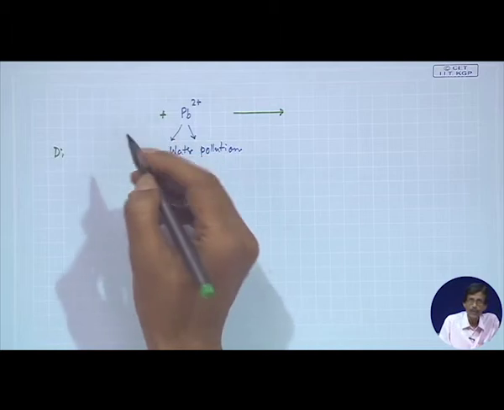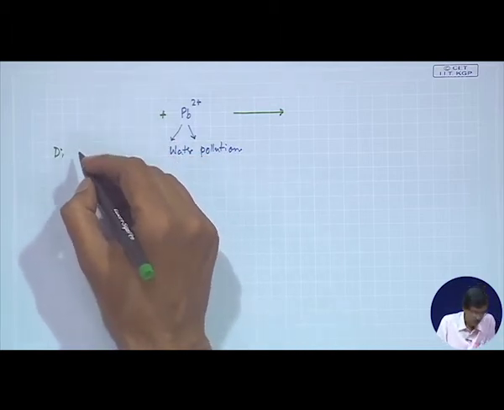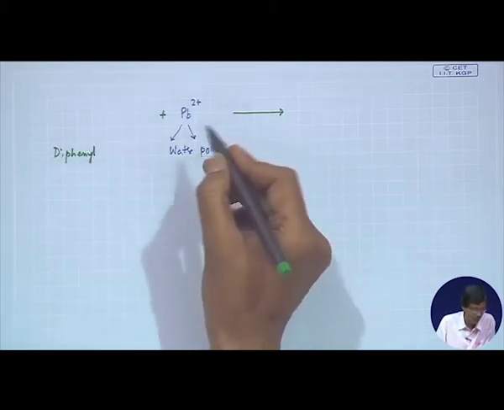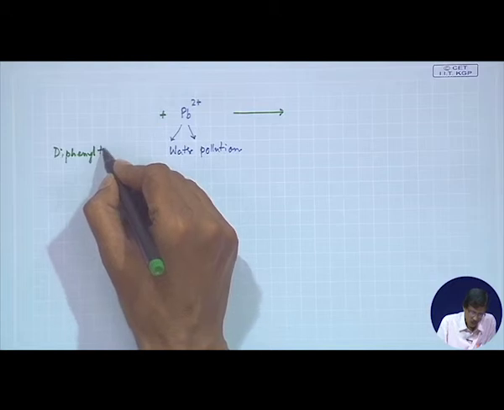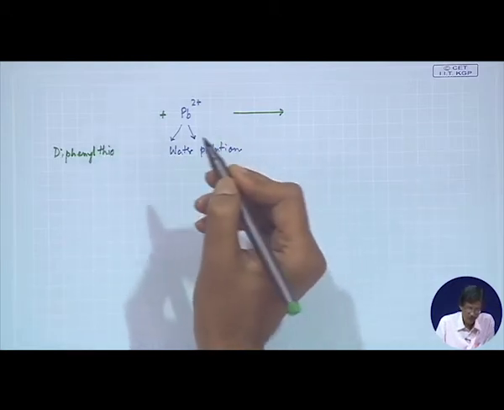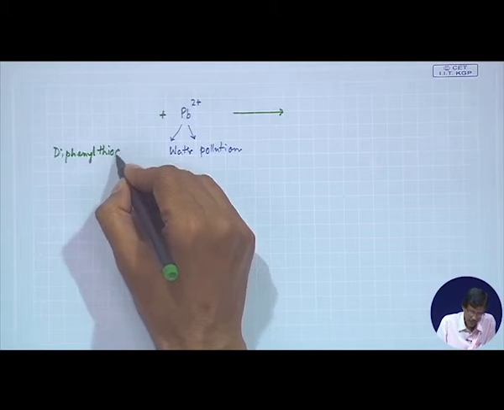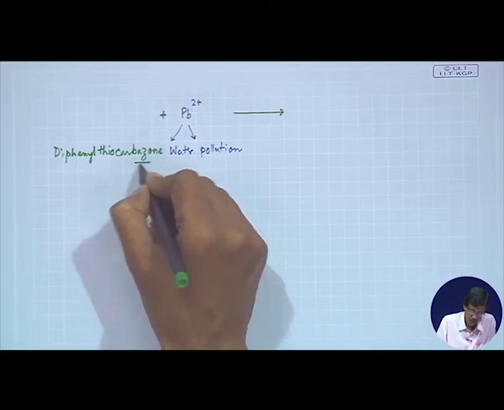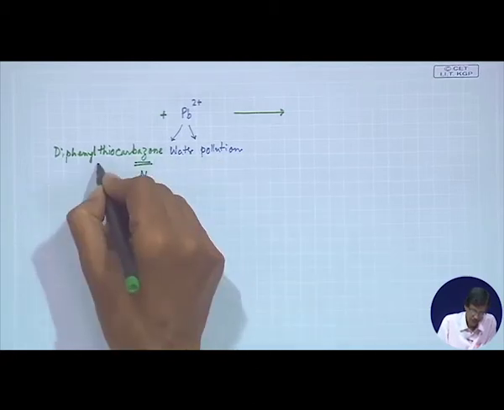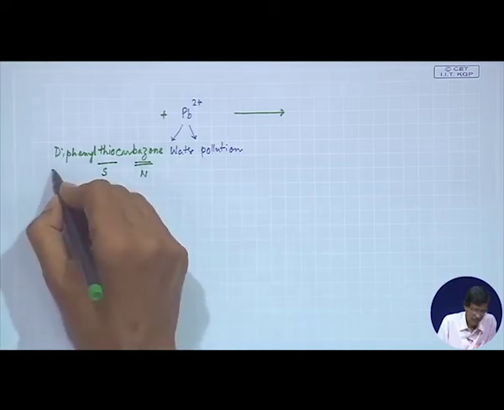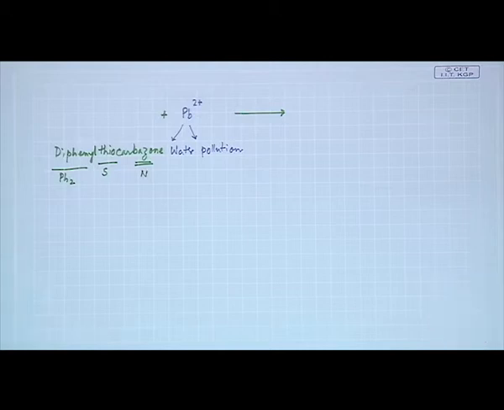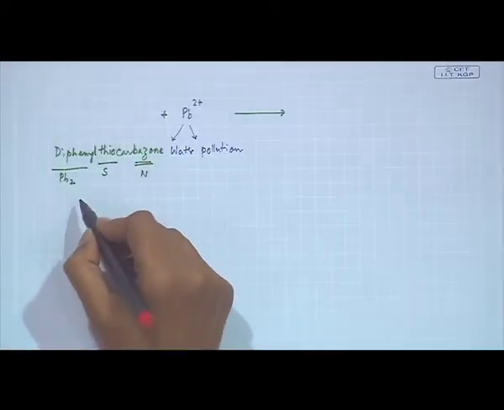If the chromophoric reagent is diphenyl, that means two phenyl groups are present, thio, that means a sulfur function is also present, and carbazone, that means you have an azone function, so nitrogen is there. So we get some idea, though we are not getting the information about the structure, that means the chelating function.